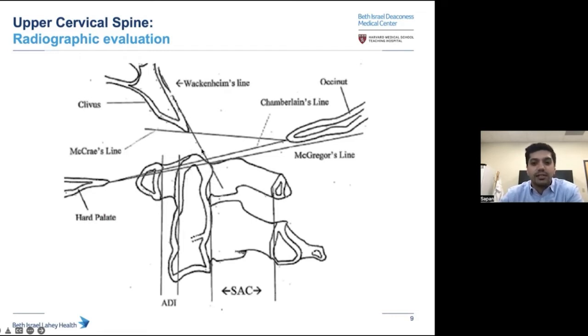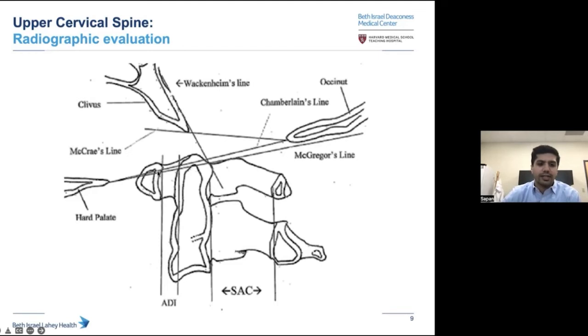When it doesn't, you should suspect trauma or something called basilar invagination. There's a number of other lines, such as McRae's line, that is essentially just a line from the tip of the clivus to the posterior aspect of the occiput. And the dens should also be below this line as well.